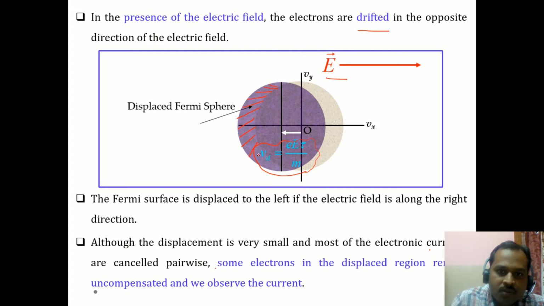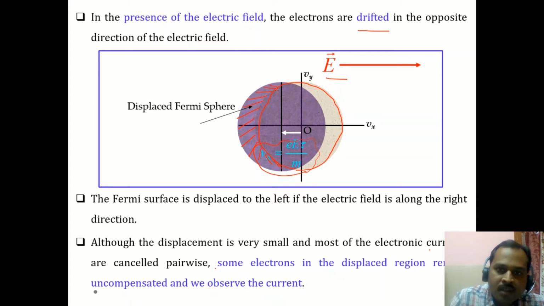So the region which is coming out of this undisplaced sphere, there is no opposite velocity for these points, whereas inside this undisplaced sphere, for every velocity we have another opposite velocity which cancels it, so that the net current becomes 0.